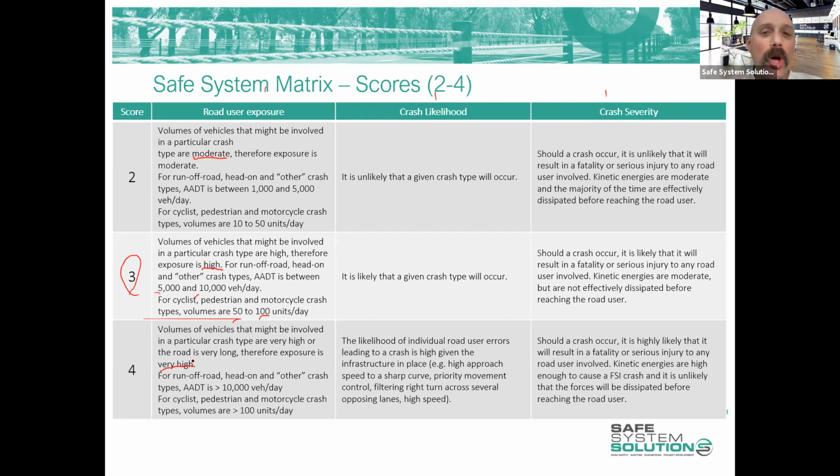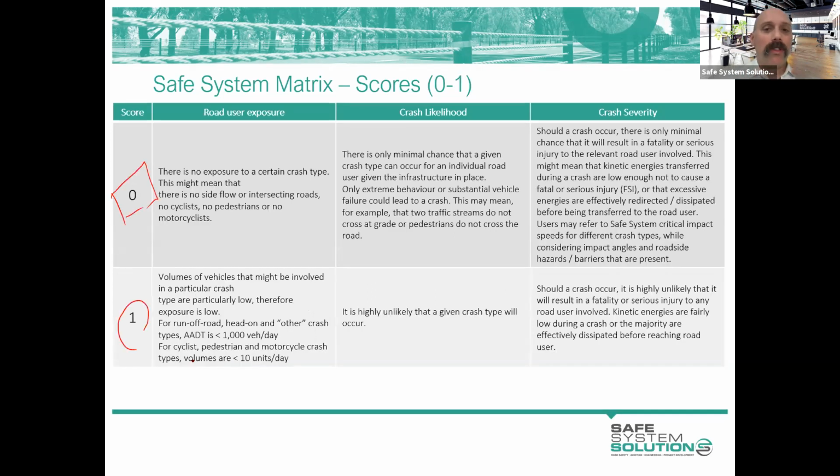So as long as the same team is doing the existing conditions and the design, it doesn't really matter if you've decided to go a 3 or a 4 on your pedestrian volumes, as long as you're consistent in the way you think about that going forward. I'll go through the likelihood score and the severity score, and then I'll open it up for some questions.